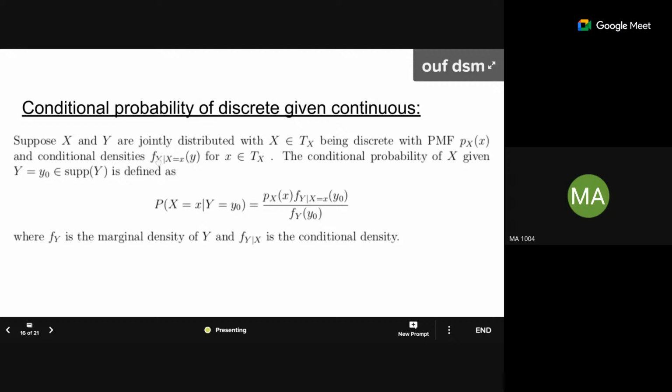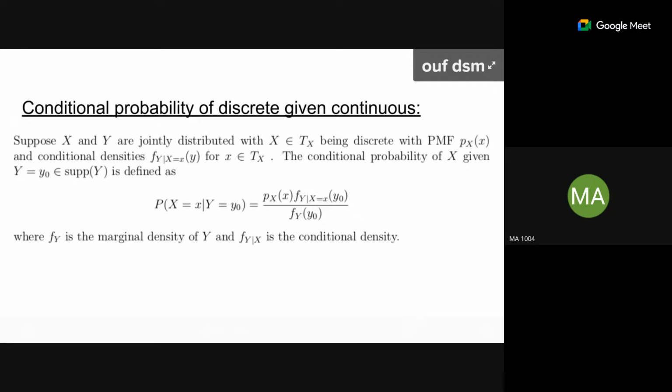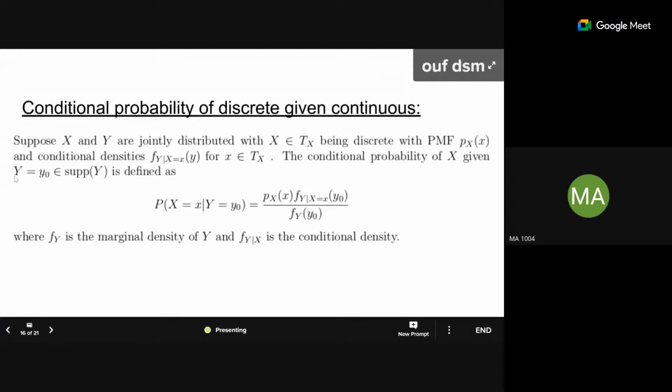X is a discrete random variable. So conditional densities and the probability mass function are given to you. The conditional probability of x given that y is equal to y naught is defined. Now we are dealing with the conditional probability of discrete given that the continuous random variable has taken some value.